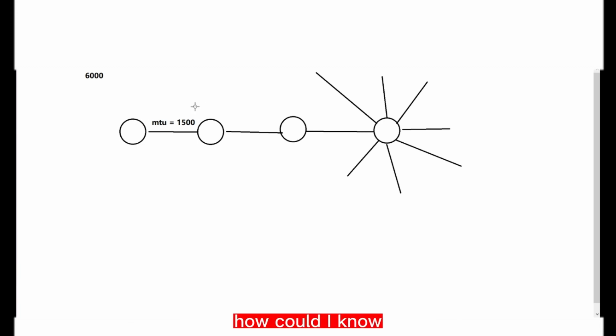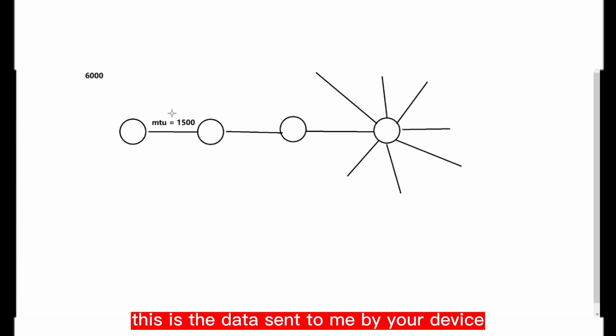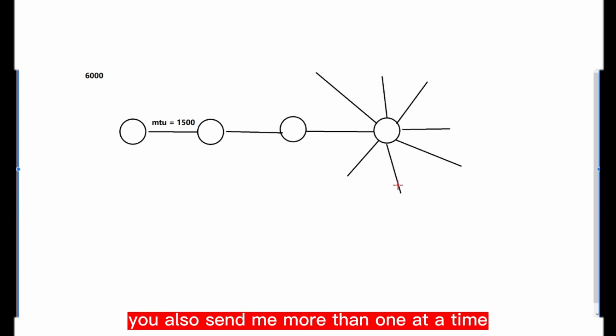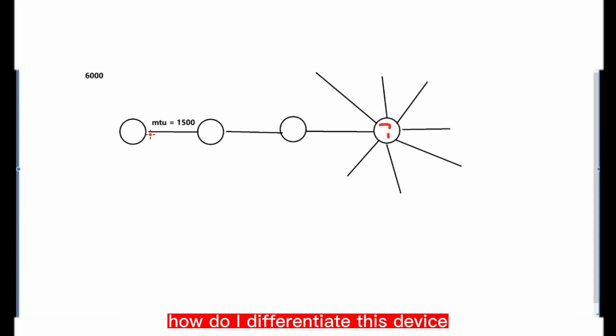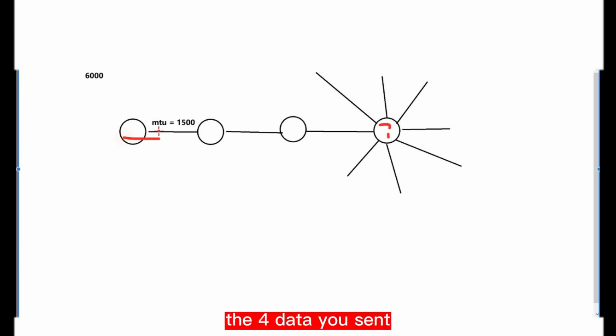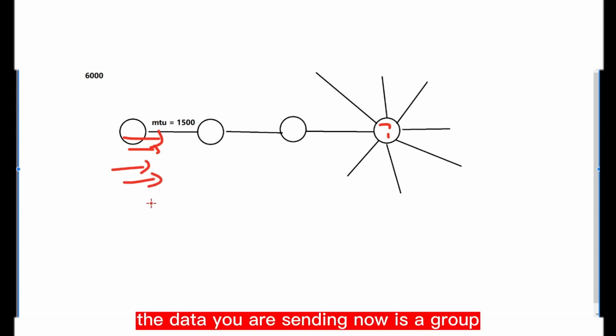How could I know that this is data sent to me by your device? You also send me more than one at a time. How do I know you sent me a set of data? Because a lot of data is coming to me, how do I differentiate? The 4 pieces you sent need an identification. You have to identify that the data you are sending now is a group.